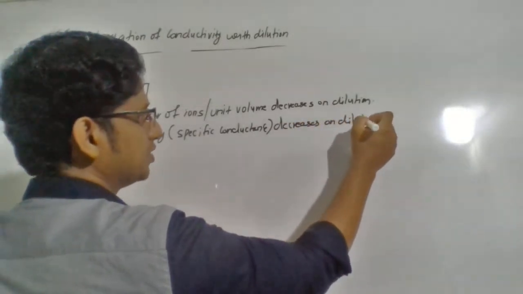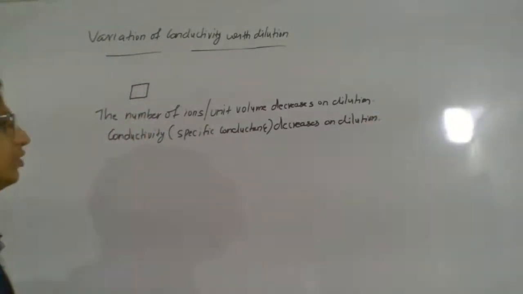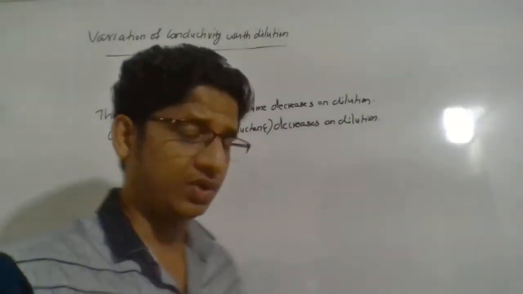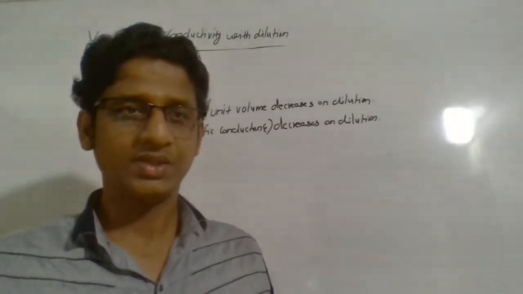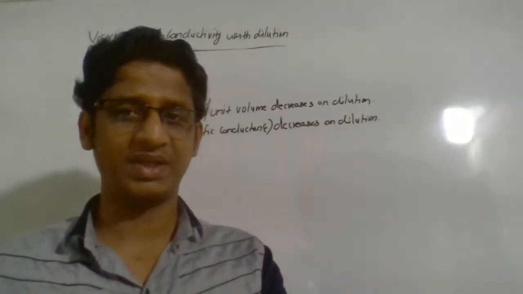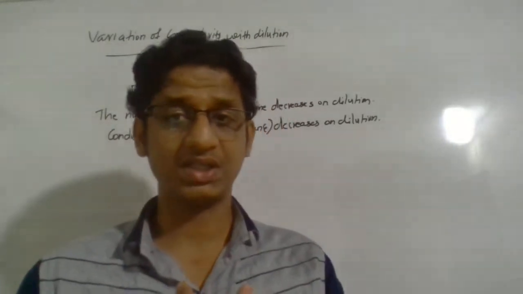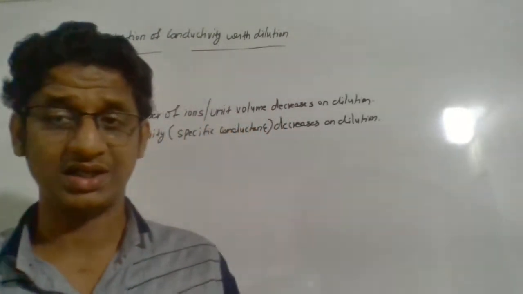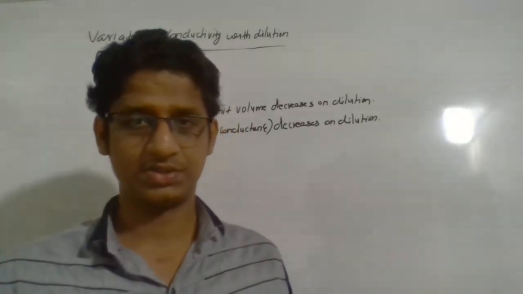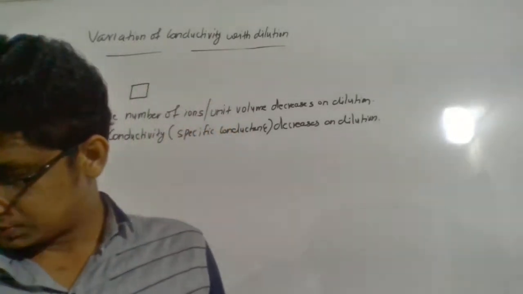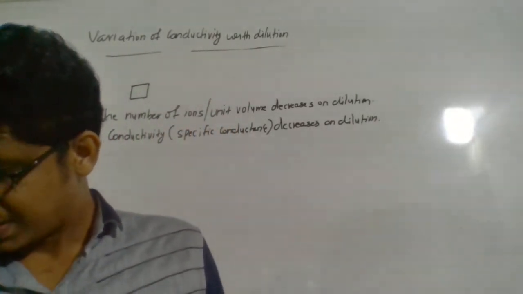On dilution means you are adding more water, and on adding more water, the ions have more space to occupy. So the number of ions per unit volume decreases, which means the conductivity decreases. Okay. So that's a term related to the conductivity.